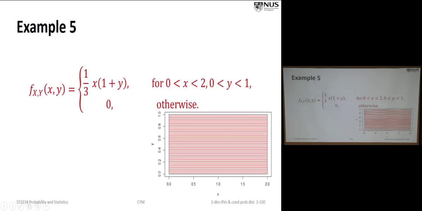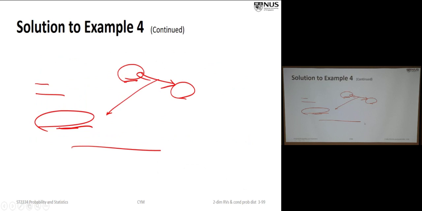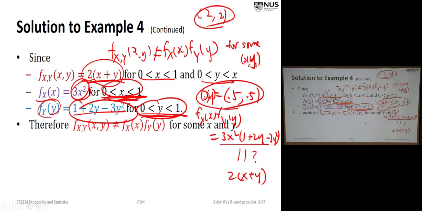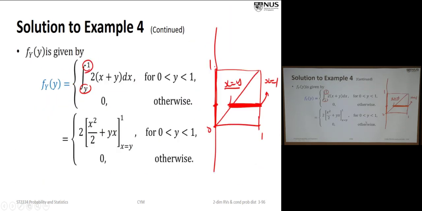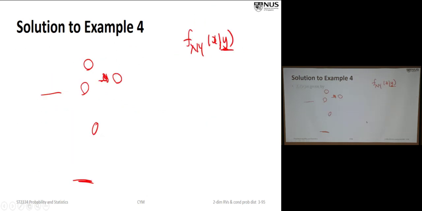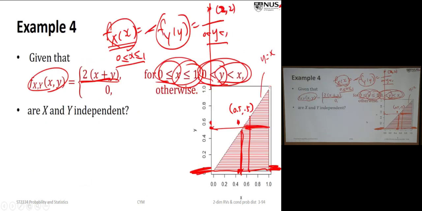In fact, I don't know whether you noticed, whenever the joint PDF is valid over a non-rectangular region, in this case a triangle, then that means that you can always find one point at which the joint PDF is 0.